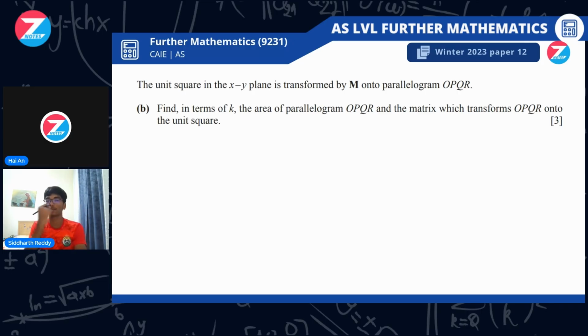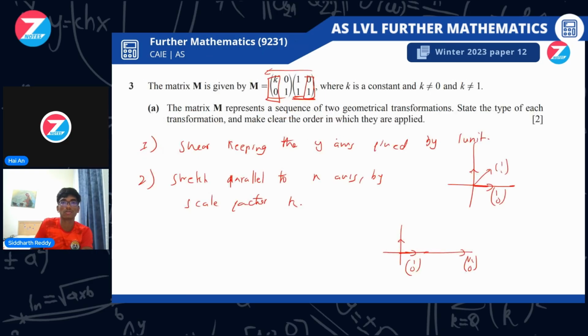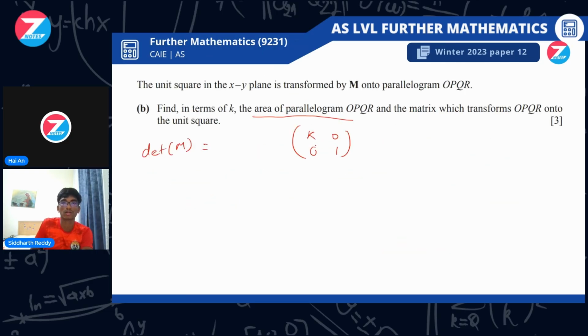The unit square in the xy plane is transformed by M onto the parallelogram OPQR. Find in terms of k the area of parallelogram OPQR and the matrix which transforms it back onto the unit square. The area of this is by definition the determinant of matrix M. So let's find out what that is. It's k, 0, 0, 1 times 1, 1, 0, 1.